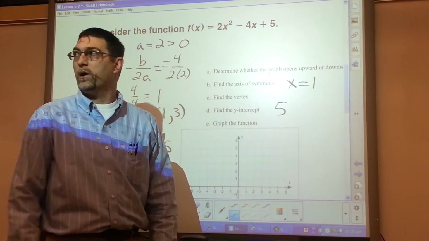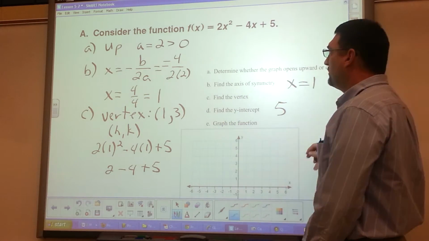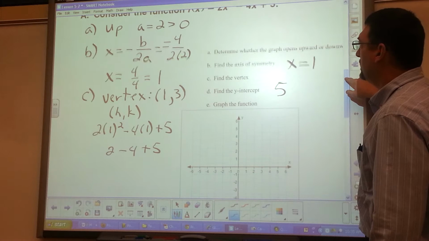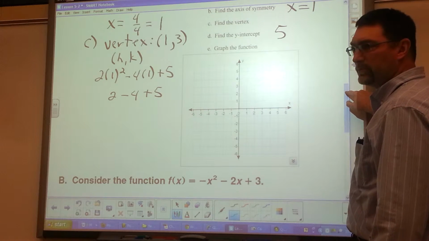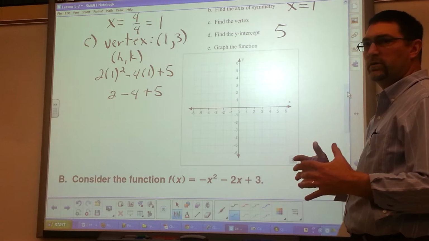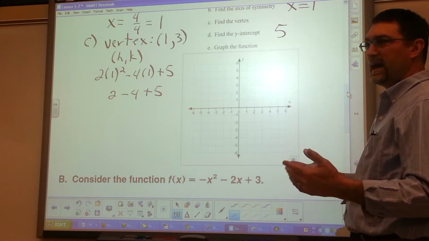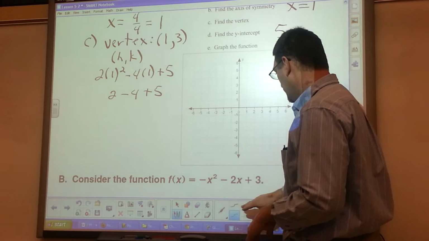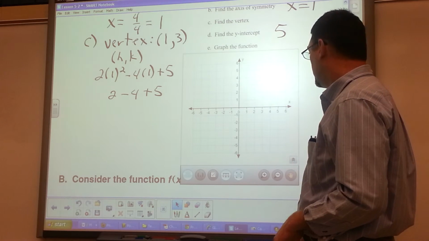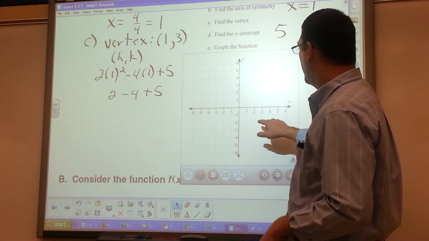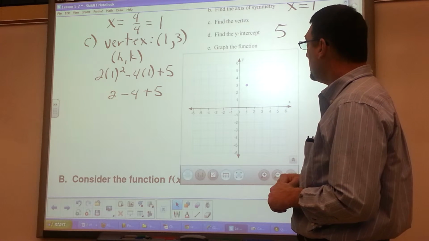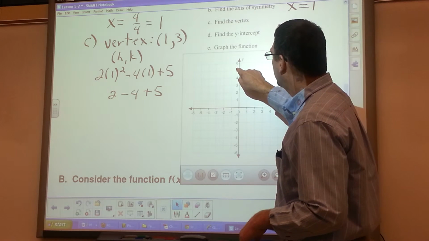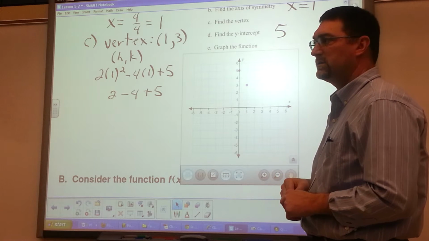And then they want us to graph the function. Graphing the function is really pretty simple because now I know the vertex, the y-intercept, and the axis of symmetry, so I can graph it. Let's go ahead and graph it here. The vertex is the point 1, 3, so I go to 1, 3 and plot my point. The y-intercept is 5, so I plot that point on the y-axis.